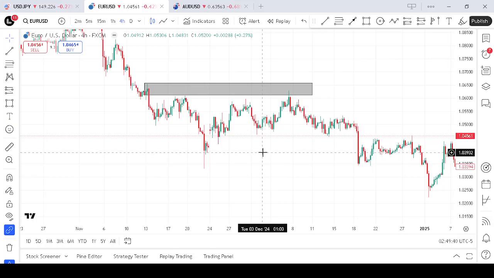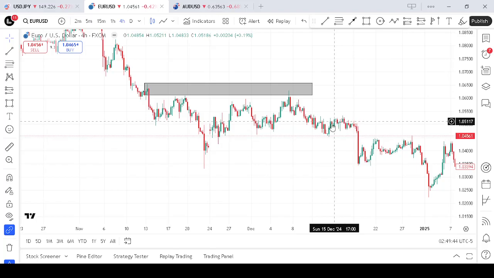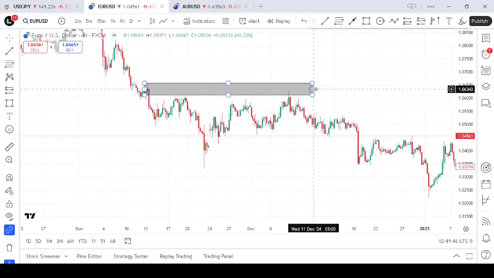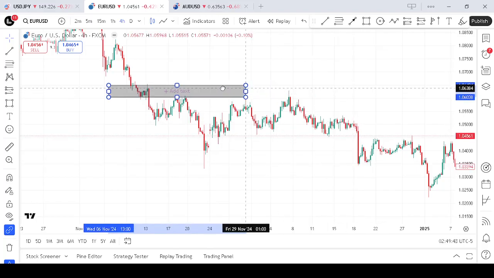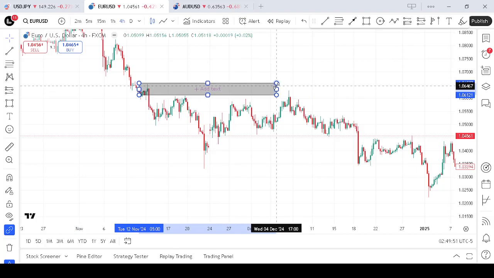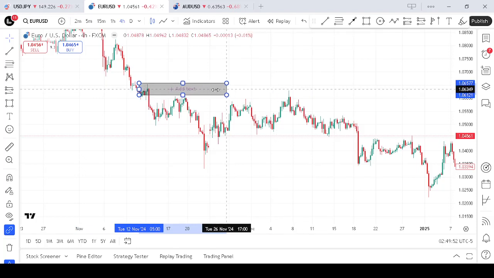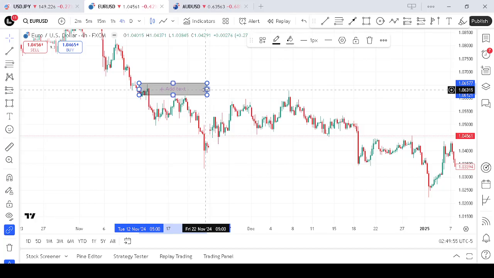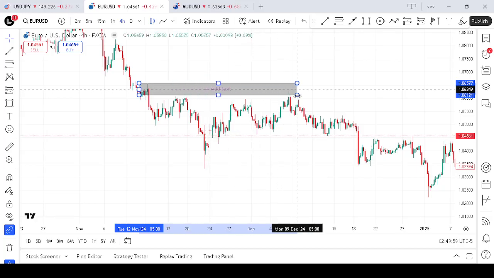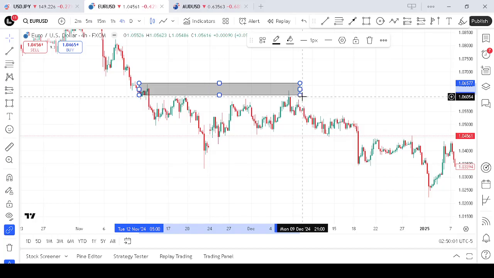Here is how we can approach trading an unmitigated order block. First, we identify the unmitigated order block. So I have identified this as my unmitigated order block, this area here, and we would look for where price would come back to retest this area.